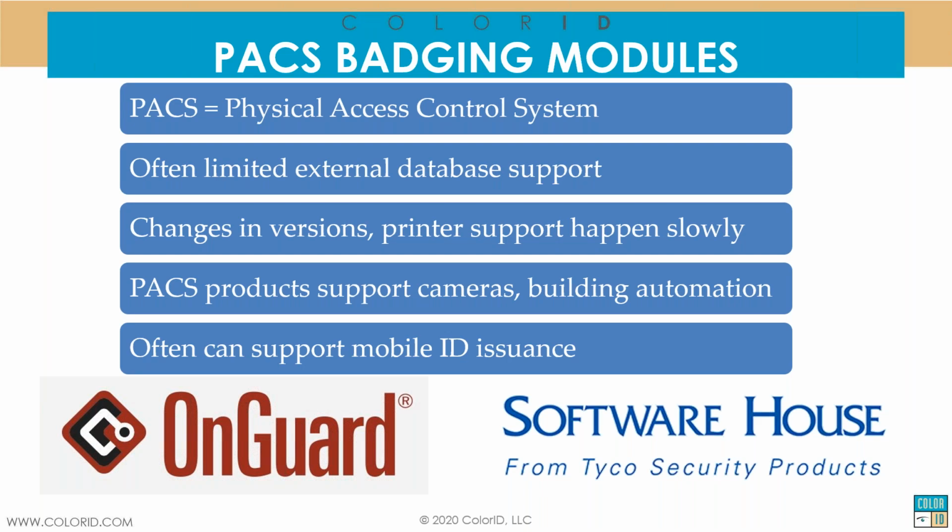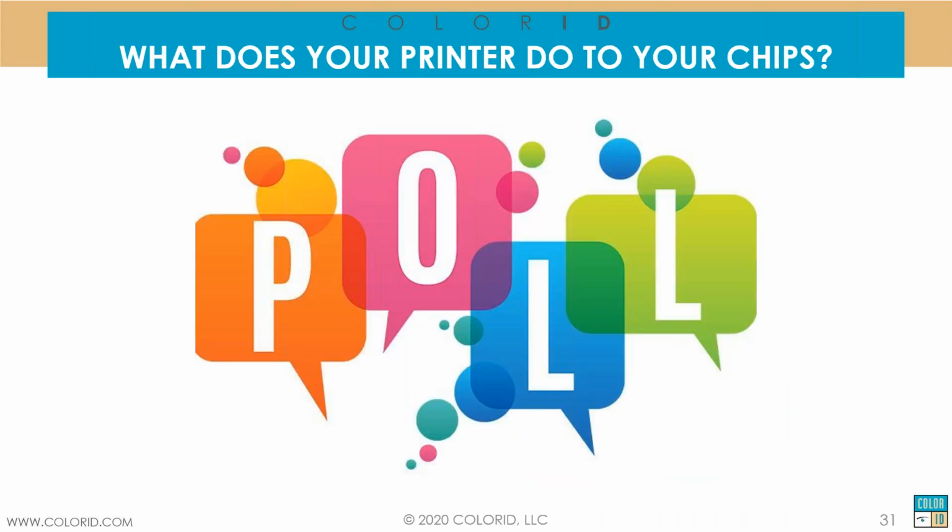They may support a certain printer and a certain encoder, and they'll do a bunch of work, usually for a particular customer, a large university, big hospital complex, or large corporation. They'll get a certain printer and encoder up and running, and now it can read or encode contactless cards. And then three years later, that reader or printer is discontinued or something changed, and they're not necessarily real quick at updating that.